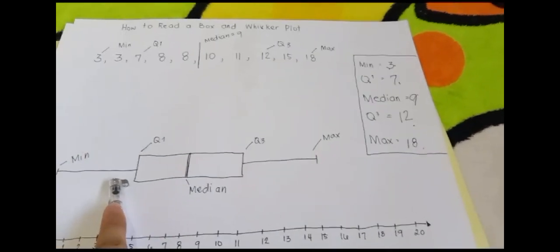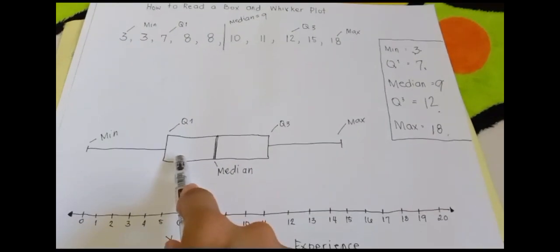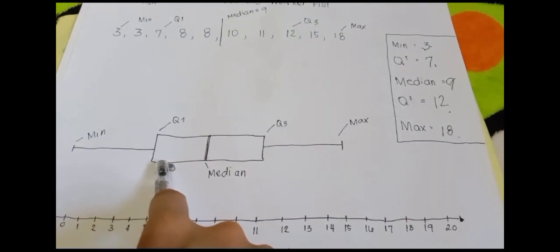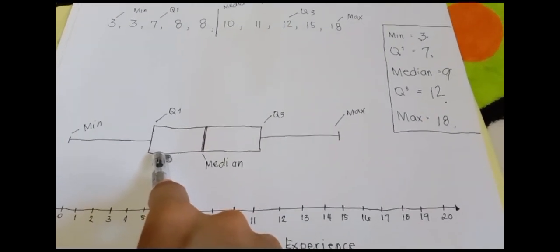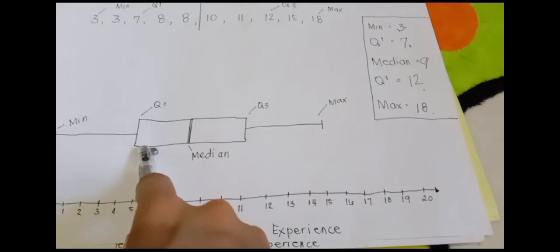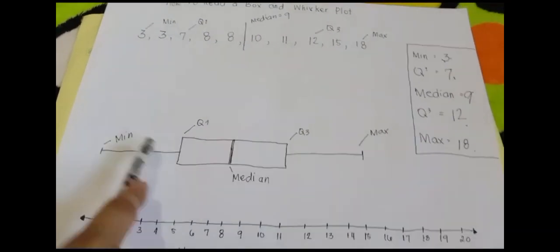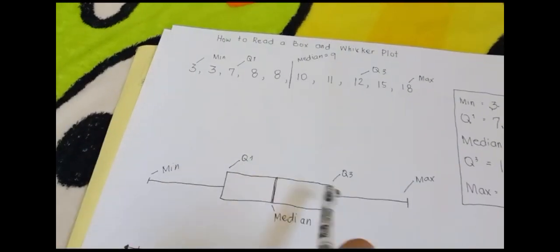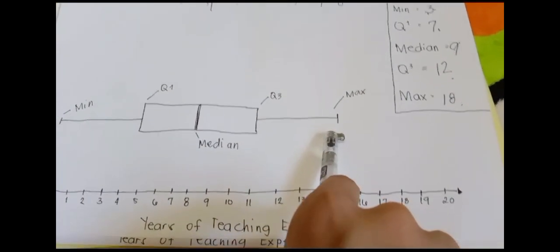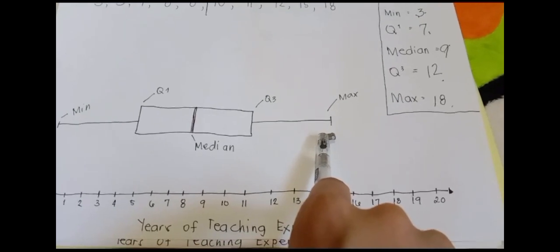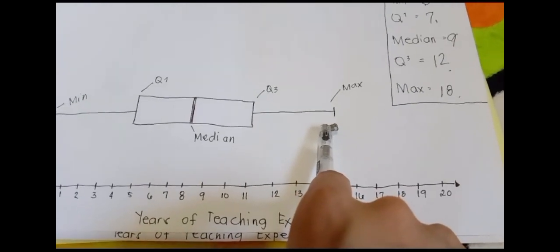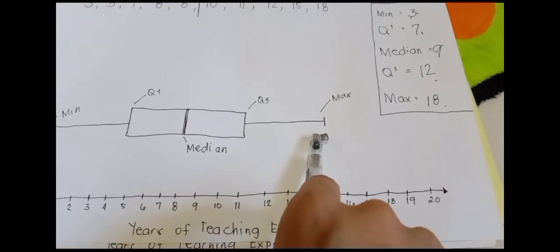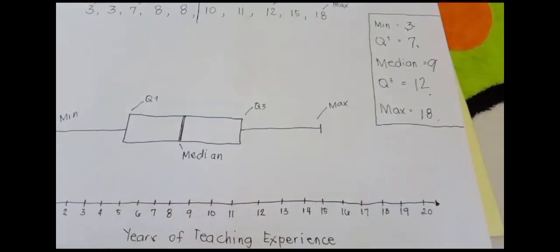Box and whisker plots use quartiles. So the data is split into 4 parts. So 4. Nahati po siya sa 4 na parts. Now the box within the box and whisker plot represent the interquartile range.